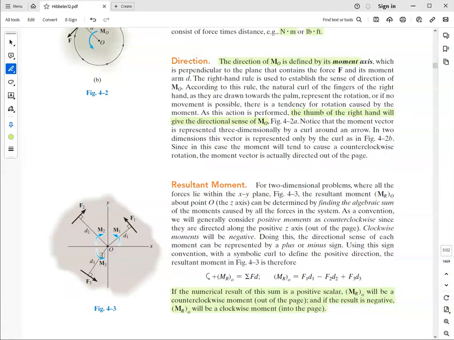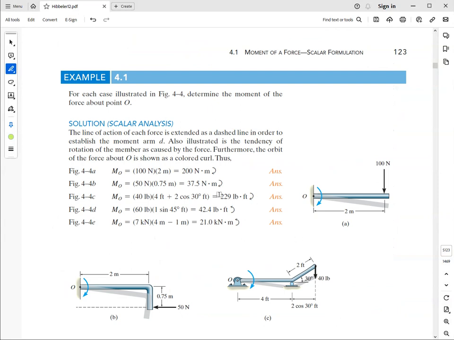And the resultant moment is the sum of moments of the individual forces, right? And likewise can be oriented by the right-hand rule. So it's an algebraic sum, but some moments are positive, some are negative, clearly. Okay, there are some examples here on how to evaluate the moments of some forces given some geometry.